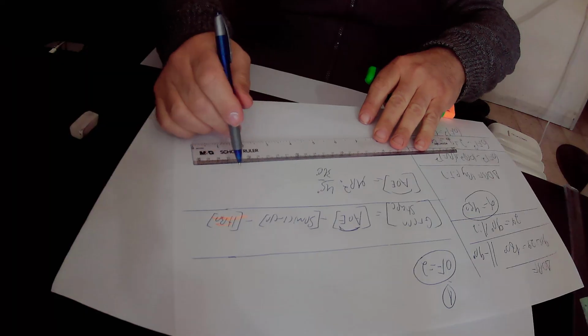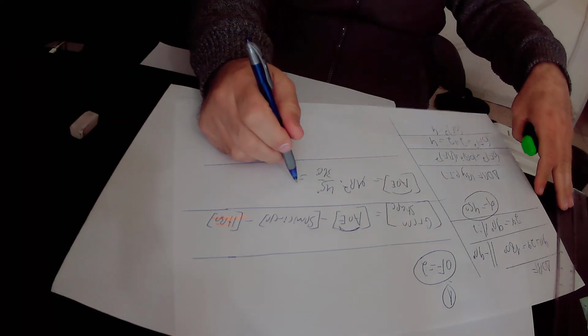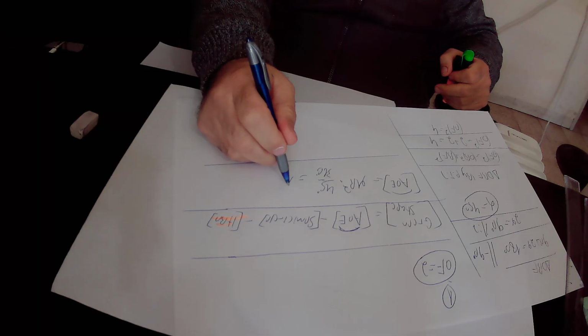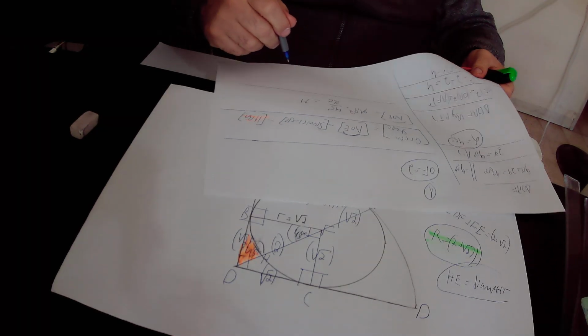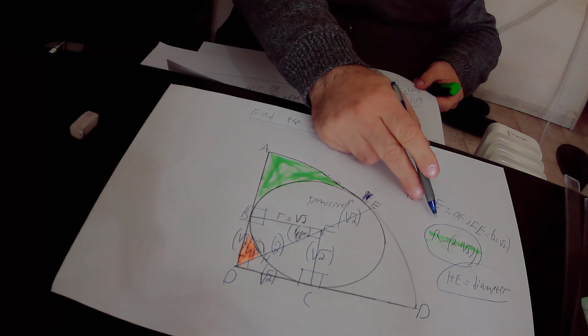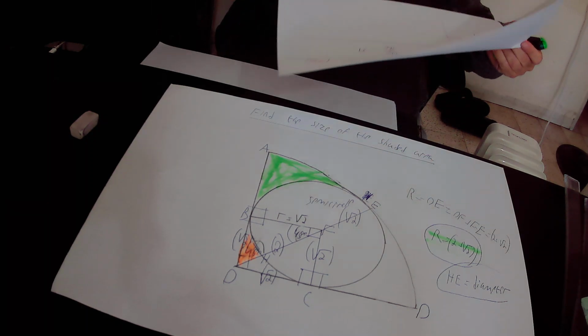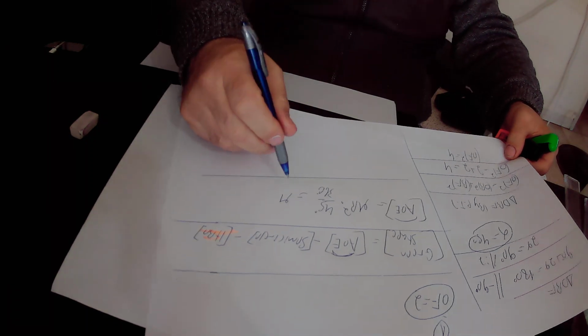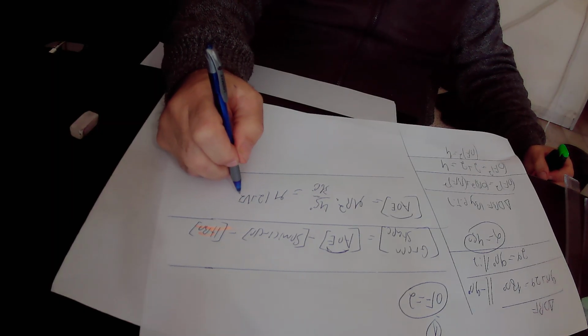So the area of the big sector AOE equals pi times capital R squared. And we have already found out that capital R equals 2 plus square root of 2. If capital R equals 2 plus square root of 2, it means that capital R squared equals 2 plus square root of 2 squared.